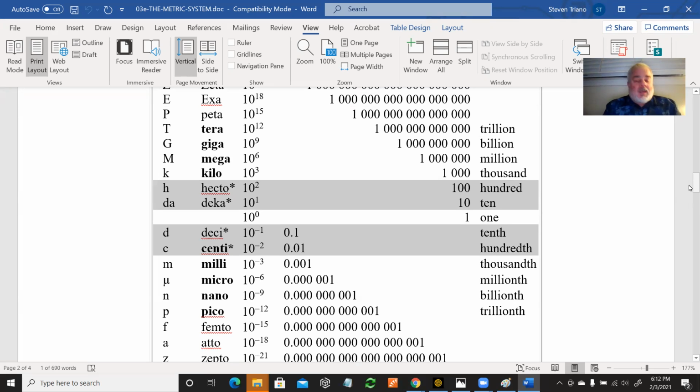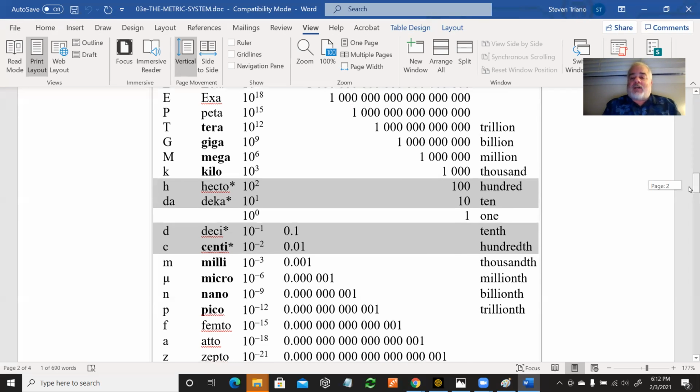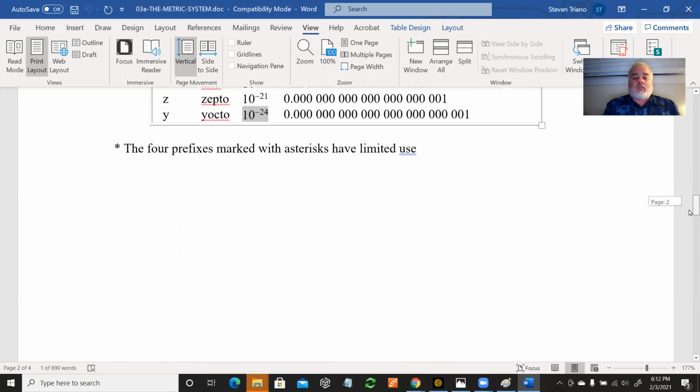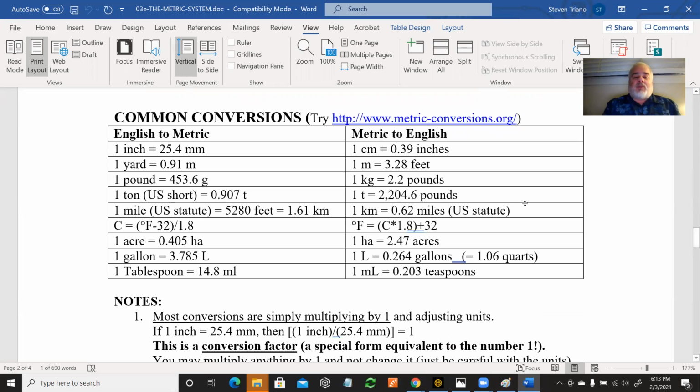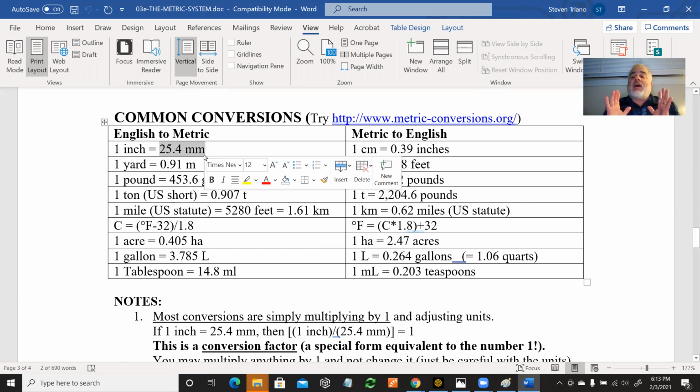Anyway, enough on those numbers. What else is in here? Here's a very, very simplistic basic conversion table. And this is something that I made up that is really grossly rounded off.